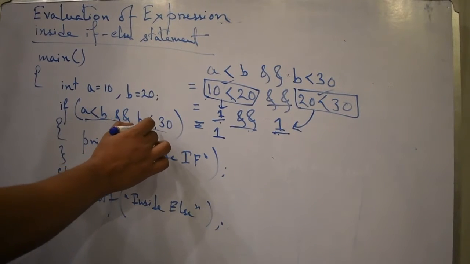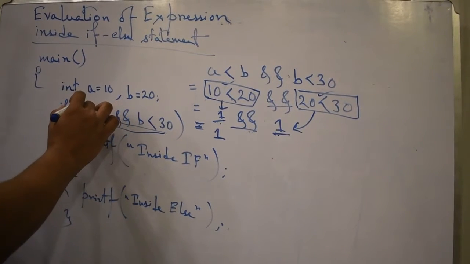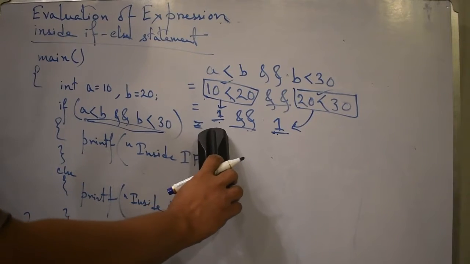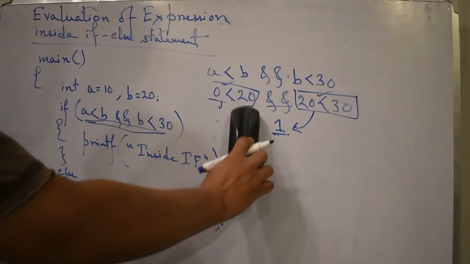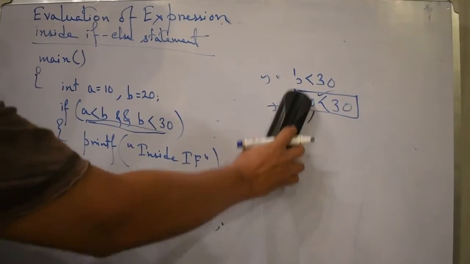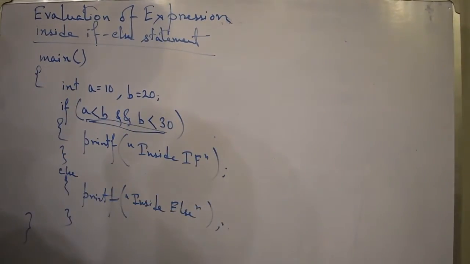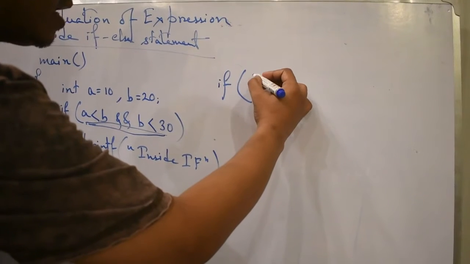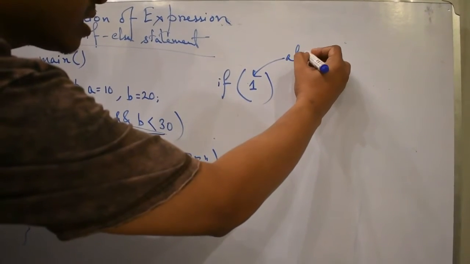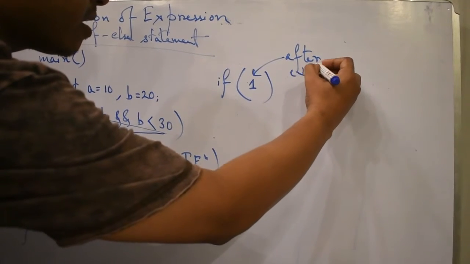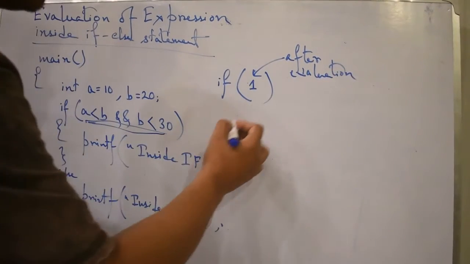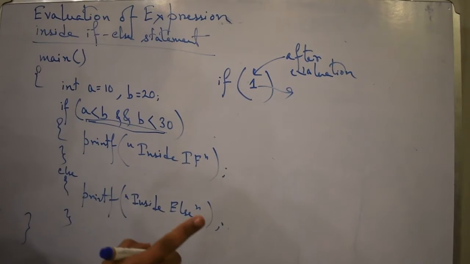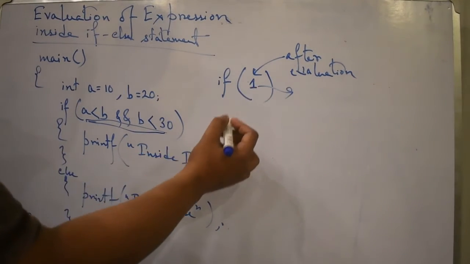Clear? Now this expression is evaluated as 1, so the condition is if 1. 1 is a non-zero value, and we just said that any non-zero value is considered true.